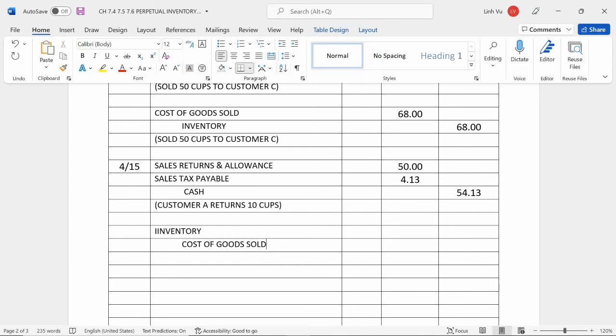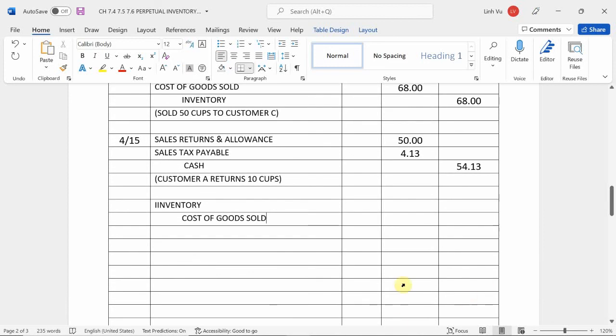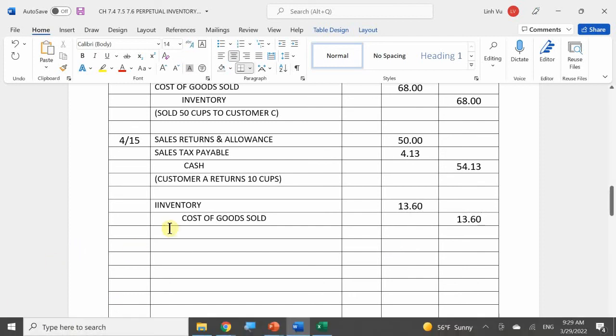So if it cost me $1.36 each, and customer A decides to return 10 of those items, how am I going to calculate how much I have to put back into my inventory and take out from my cost of goods sold? $1.36, yes. $13.60 is what I have to put back into my inventory, and that's how much I have to take out from my cost of goods sold.